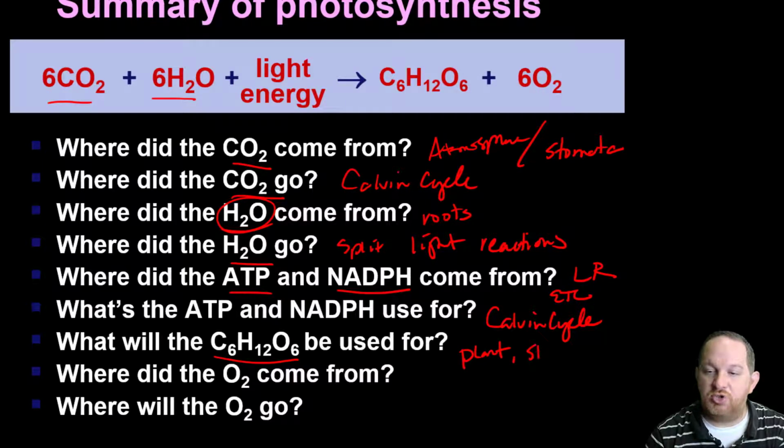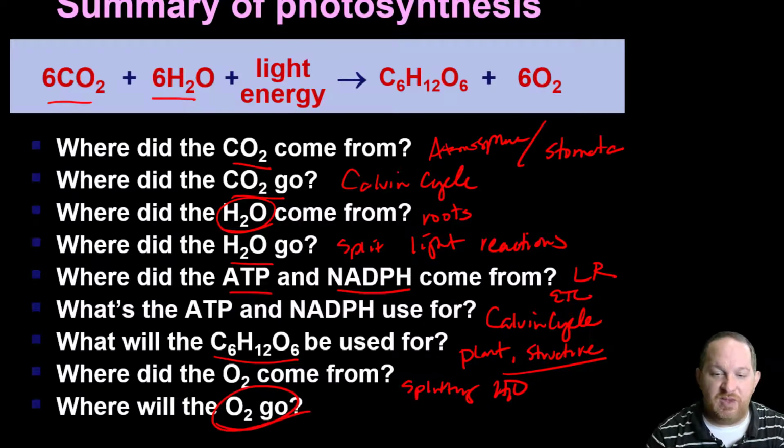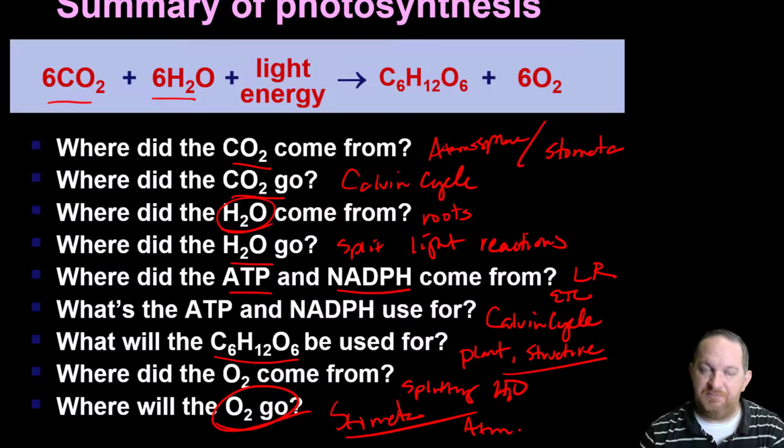For its structure, for all the parts of the plant. Where did the oxygen come from? Oh, remember, that's from the splitting of water. And where will it go? Hopefully out the stomata into the atmosphere for us to breathe. Okay, so hopefully that's a good summary of all the molecular parts of photosynthesis.